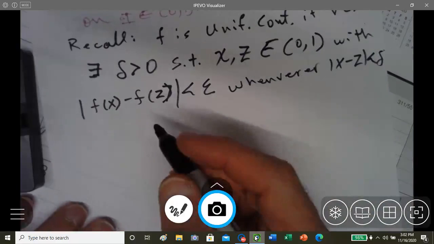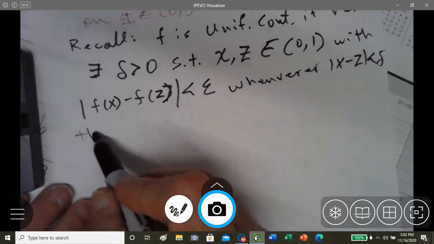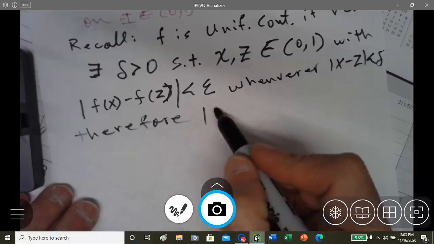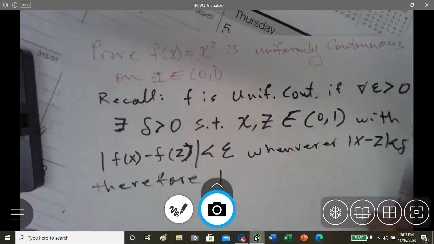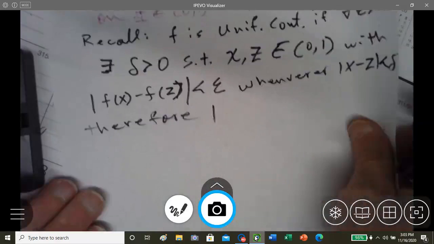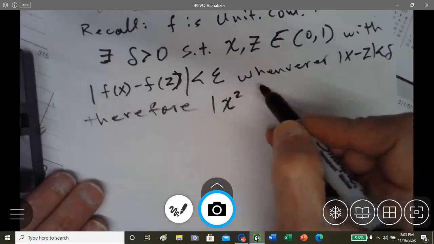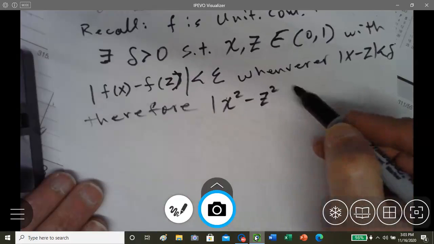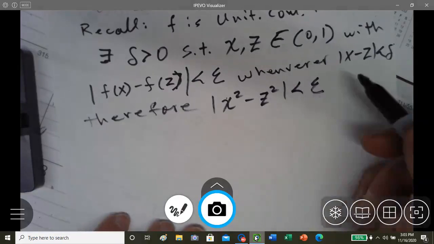So therefore, because we're working with x squared, we're going to put that f of x is x squared, and f of z is going to be z squared, and that's less than epsilon.